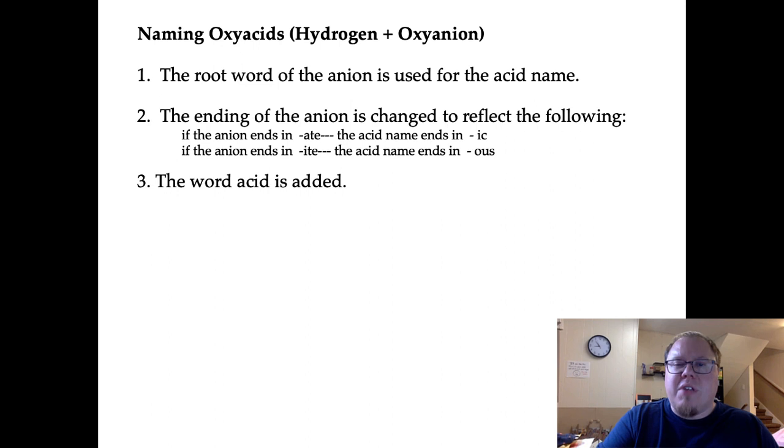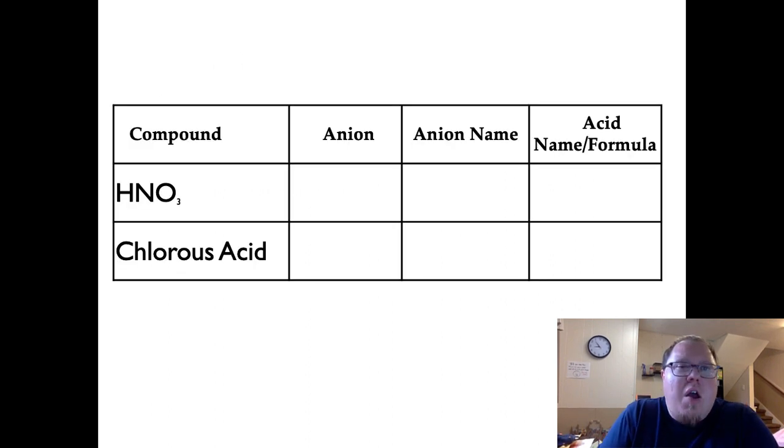So here are some examples of this. HNO3. First off, it's hydrogen with a polyatomic anion, a negative ion. So in this case, if I just knock off the hydrogen, we're talking about an NO3, and it has a negative 1 charge. You go ahead and look that up on your common ion sheet. It's a polyatomic ion. That is nitrate.